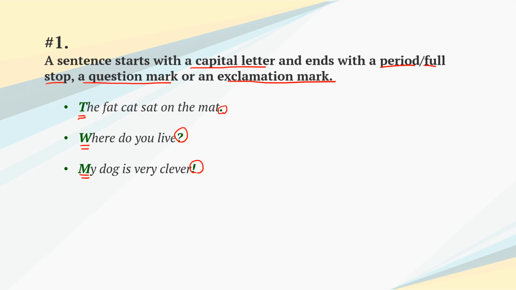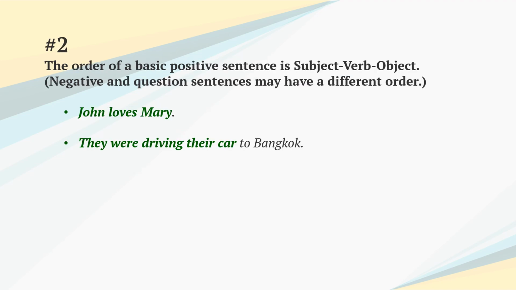Rule number 2. The order of a basic positive sentence is subject, verb, and object. Negative and question sentences may have a different order. John loves Mary. Subject, verb, object.